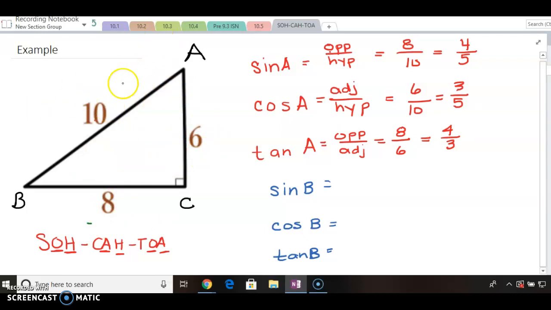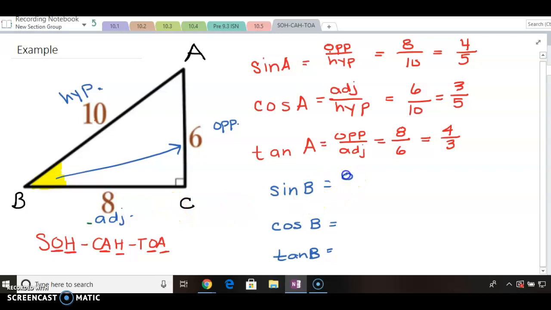Okay, now this is still my hypotenuse. My reference angle here is B. Okay, so opposite of angle B, this is now my opposite side, which means that my A has to be my adjacent. Okay, so now it's just plugging stuff in.